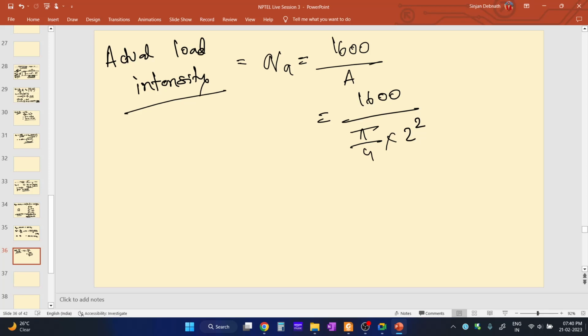If you calculate this, you will get 509.3 kilonewton per meter square. So you know the actual load intensity that is coming from the load to the foundation.